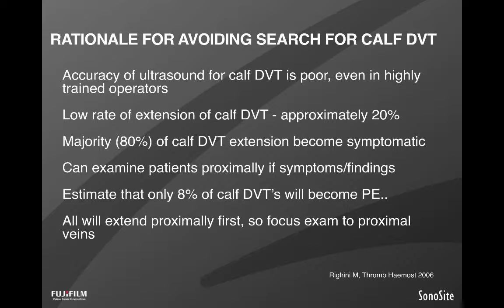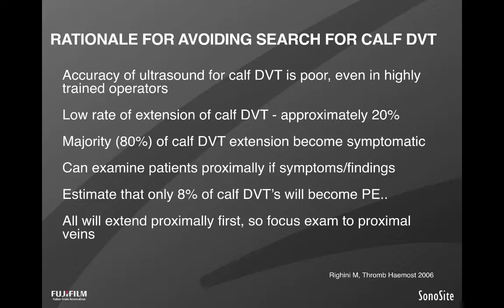As we start talking about these proximal lower extremity DVTs, I want to be clear for the purposes of this webinar that we're really not going to focus on calf DVT, for a couple of reasons. Number one, I don't routinely look for calf DVT when I'm suspecting a PE in the ICU, largely because the calf is not really going to give me an answer.